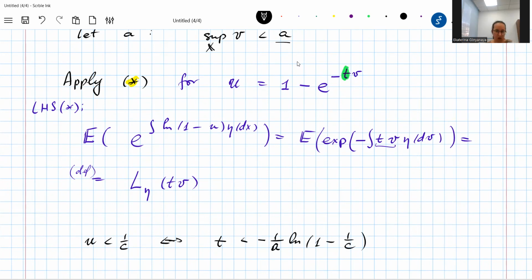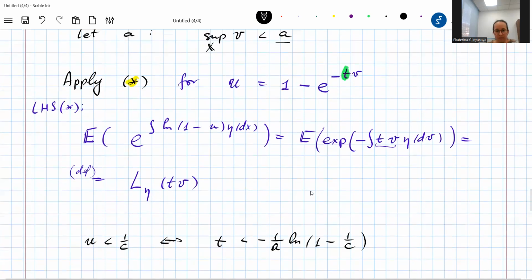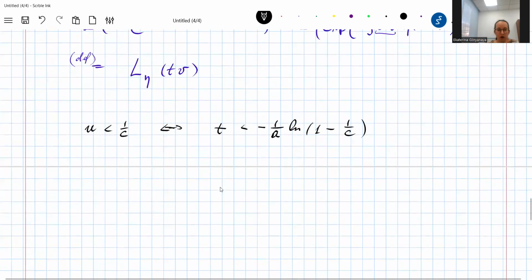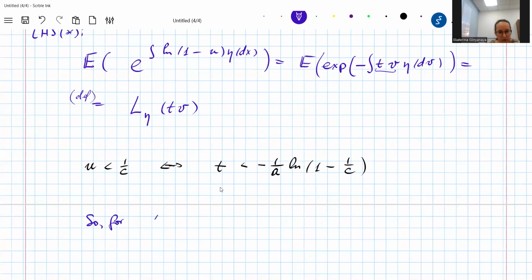This is just a simple inequality, and for such t we can now use the formula star, because the assumption on the speed of growth is satisfied. So we have for such t, for t in 0 and minus 1 over a times the logarithm of 1 minus 1 over c.